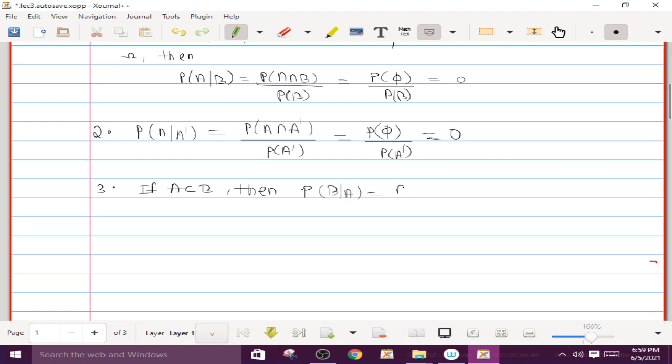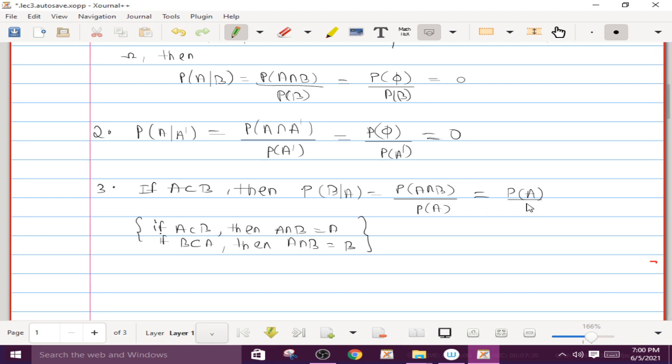By the formula, probability of B given A equals probability of A intersection B divided by probability of A. Here A is a subset of B, so A intersection B is equal to the set A, and the probability of A intersection B is probability of A. So this is probability of A upon probability of A, and the answer will be 1.